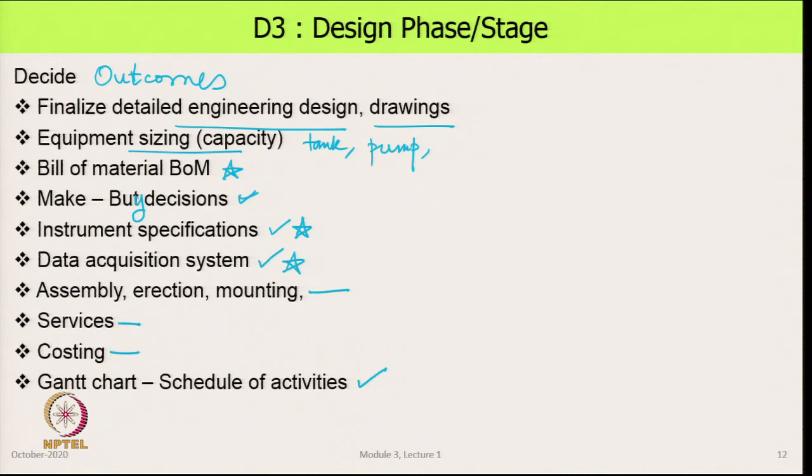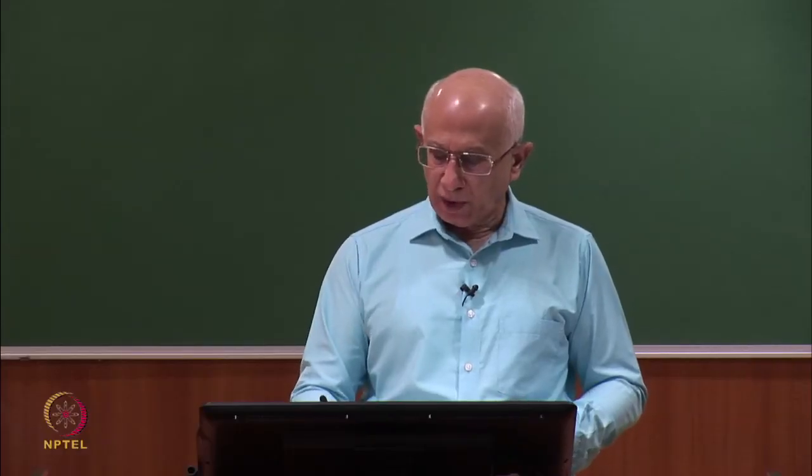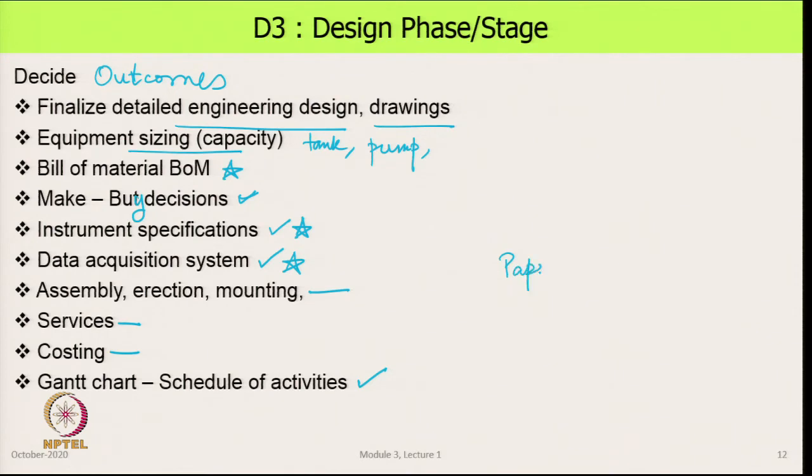So, we are pretty much ready to go ahead and do it now. Until now, very little by way of any physical thing. This has only been a paper pen design, paper computer design. Now, we move to the physical world.